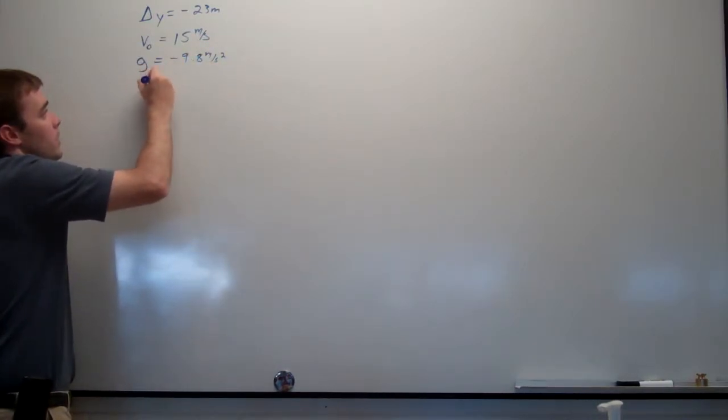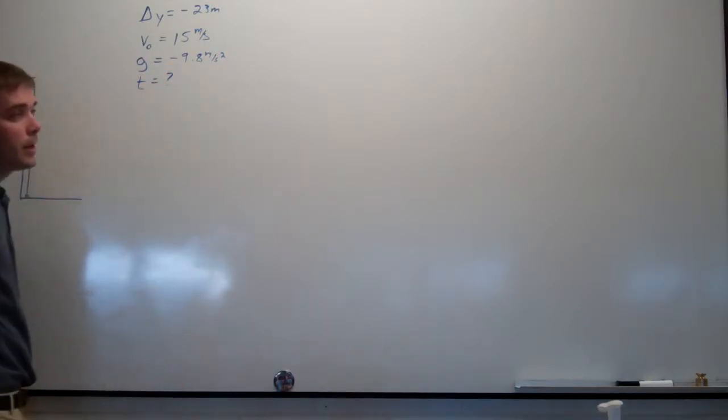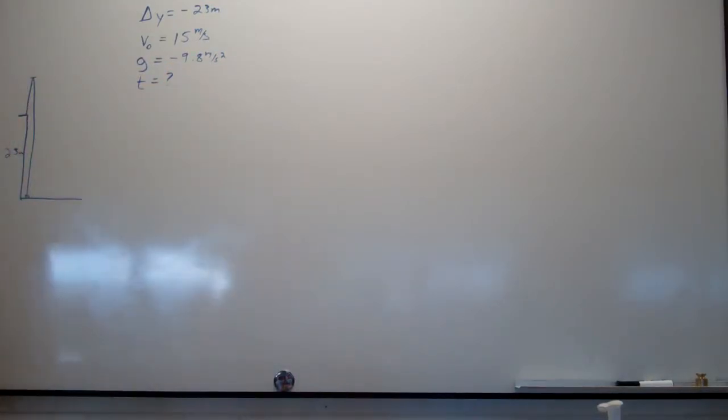And we're looking for time. Alright. Does everybody understand what those variables are and why they are what they are? I know this is something that confuses people sometimes, because we made 15 positive going up, and delta y negative 23 going down, we're incorporating that part there as well. Does everybody understand that?